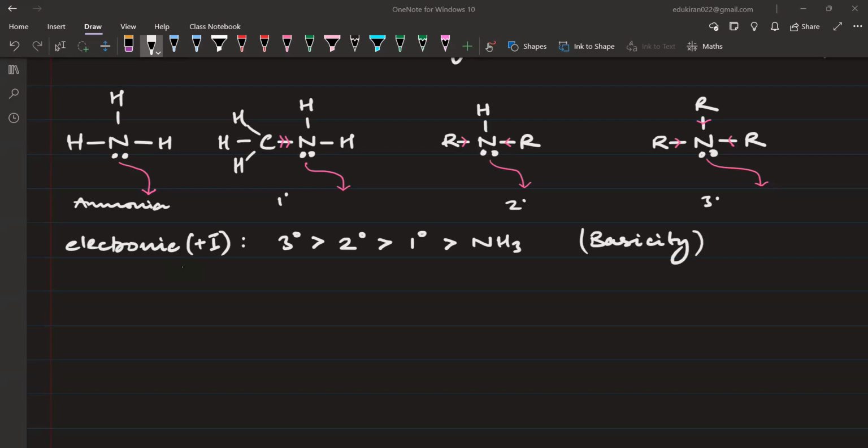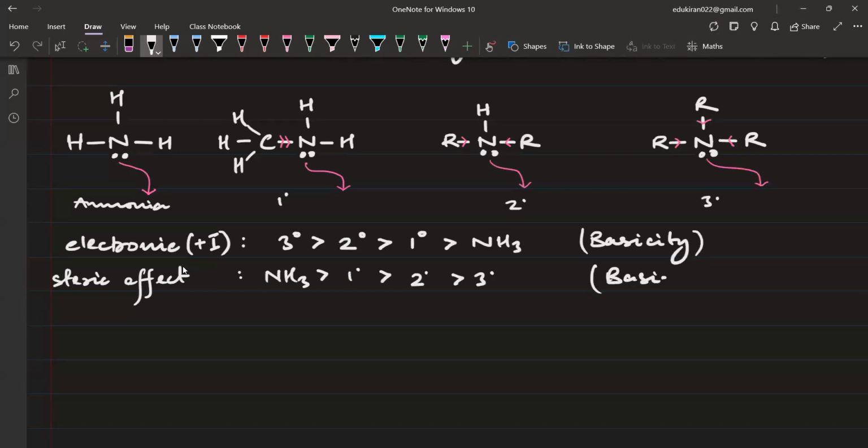So one is electronic effect, and the other thing is steric effect. And in steric effect, if I only look at steric effect, then ammonia's movement should be faster and it would reach the hydrogen easily. And that is why it will act as a stronger base. Ammonia followed by 1 degree, then followed by 2 degree, and then followed by 3 degree. So this is the basicity if we consider the steric effect.